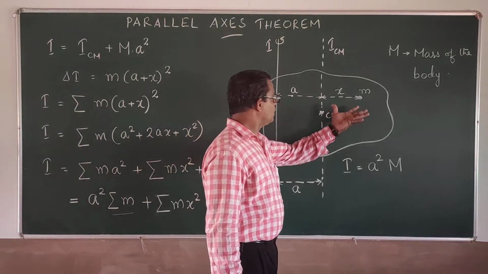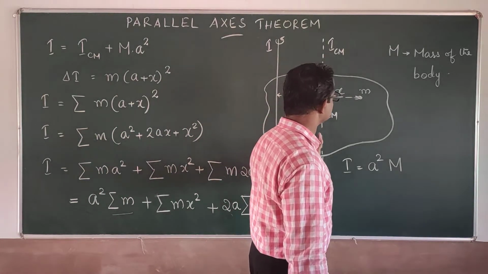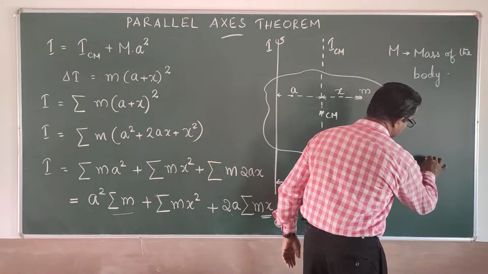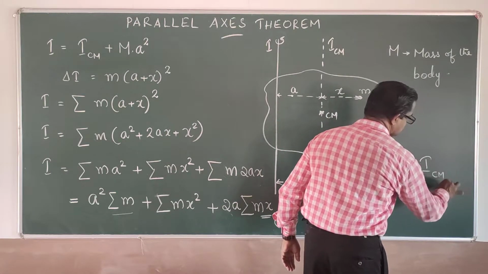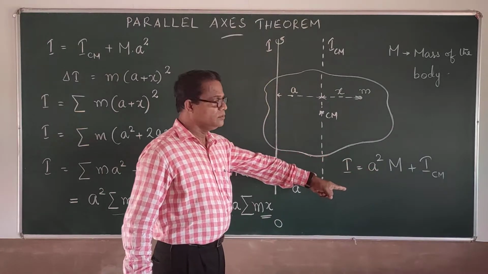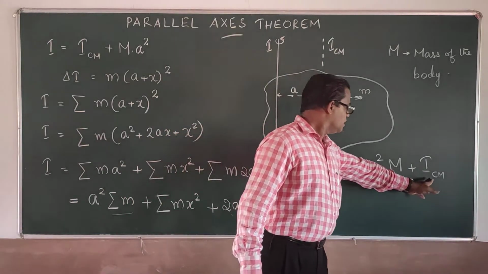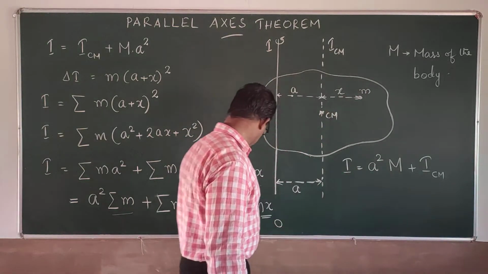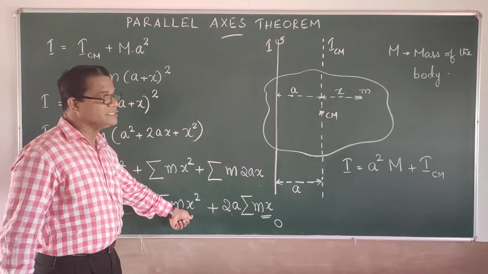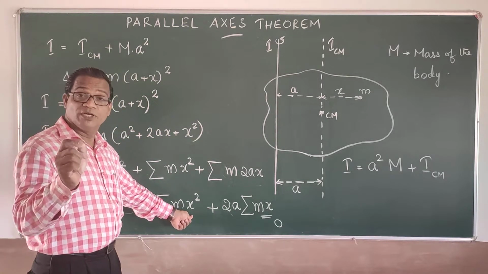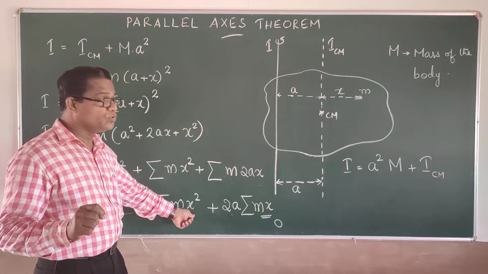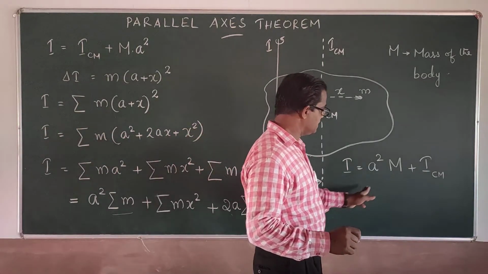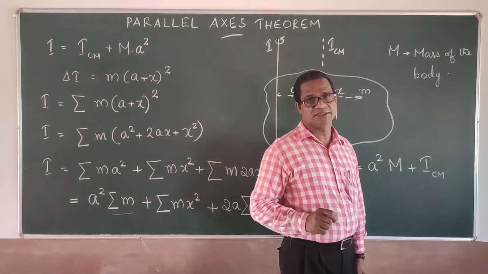So sum of m into x square, all around the center of mass axis, is nothing but the moment of inertia of the body about the center of mass axis, that is I_CM.